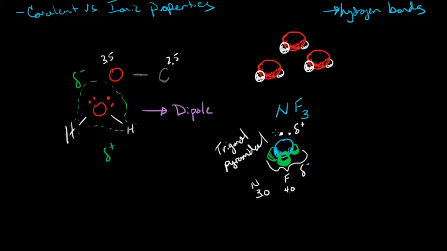Even though this pair of electrons has a negative charge, the other end is so negative that this end's more positive. You guys follow me there? Remember, this end is less negative than this one, so it will be more positive. So because of that, here is a molecule that doesn't have hydrogen in it, but it would be polar. And so this would have a dipole.